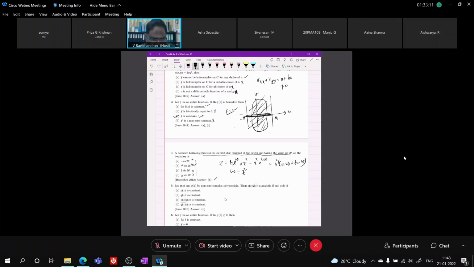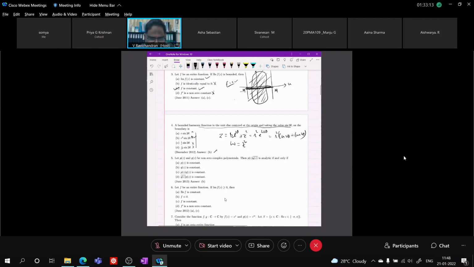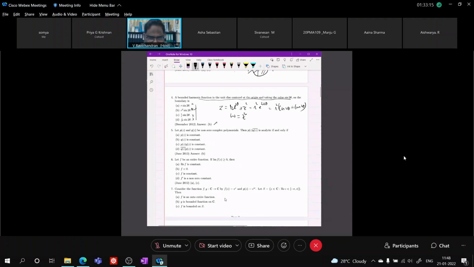Okay, the next question is also something very easy. You are given P, Q non-zero polynomials and P Q bar is analytic. That means Q bar cannot contain any z bar, so then only this will be analytic. Otherwise, this cannot be analytic. So Q bar should not have any z bar term.